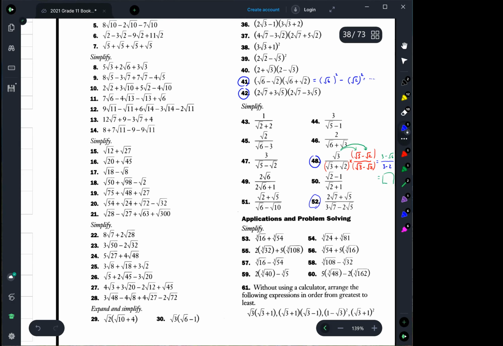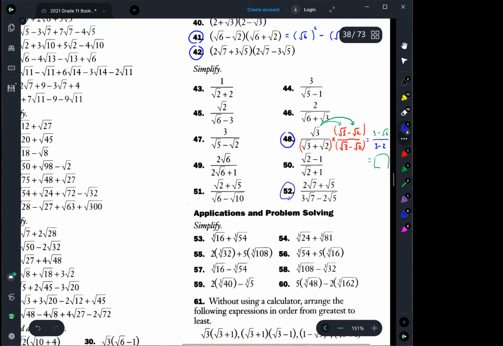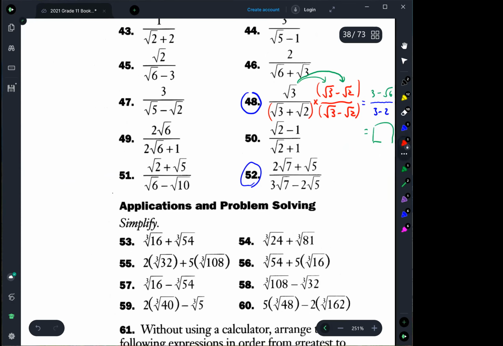Okay, so this one, what's the conjugate? It's 3√7 plus 2√5. Okay, and then the same thing on the top, 2√5. So what will happen in the denominator then?